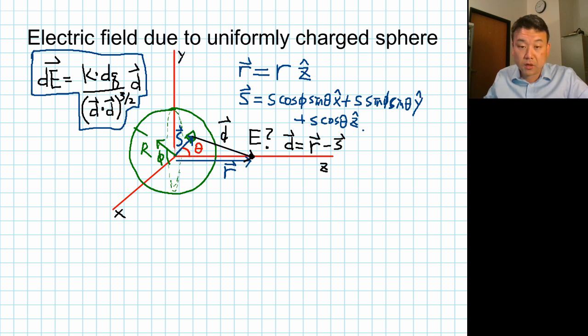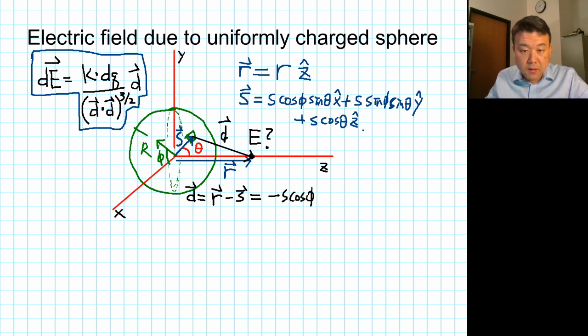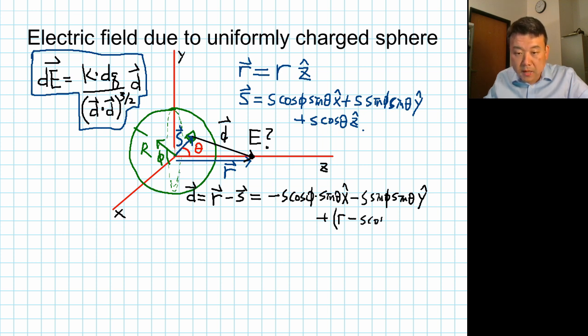I can write it out in component form. It's s that has all the components, and r has only one. So it's going to be minus s cosine phi times sine of theta x hat, minus s sine of phi sine of theta y hat, plus r minus s cosine theta z hat.